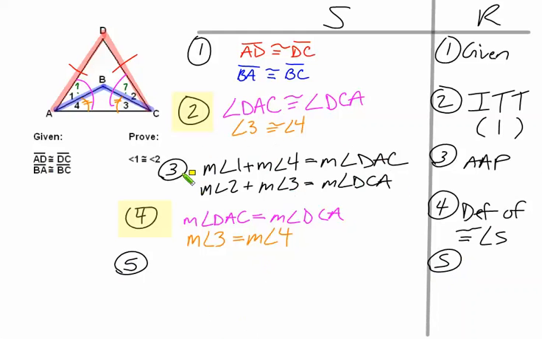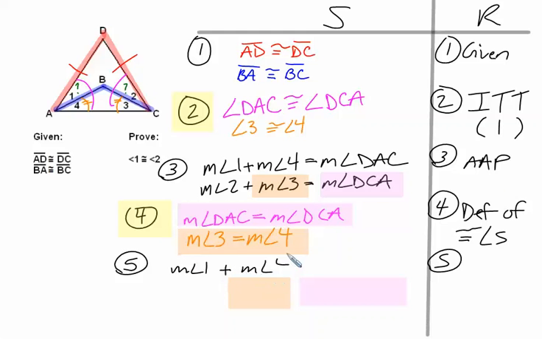So we're going to rewrite the equations in step 3 and make two changes. We're going to rewrite the measure of angle DCA in the second equation as the measure of angle DAC. And in the second equation, we're going to rewrite the measure of angle 3 as the measure of angle 4. Everything else is going to remain unchanged.